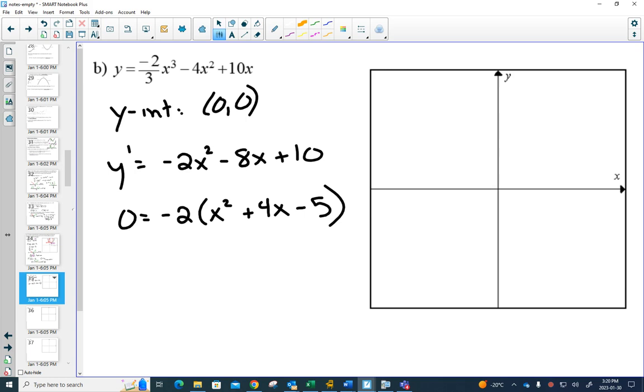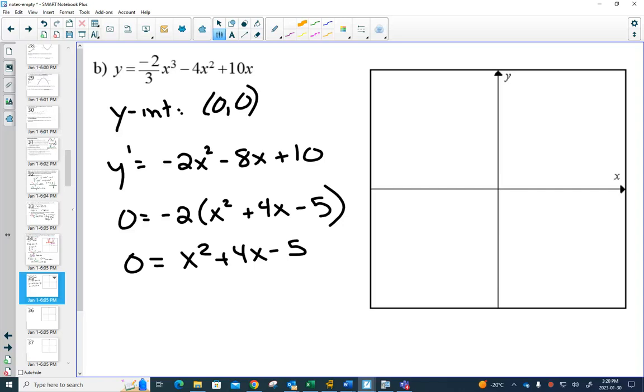Can you see that you could have also divided both sides by -2? So either way, you either have the -2 out in front, it would be perfectly fine if you just had this. That would be the same thing. The second one is me dividing everything by -2. Since it's an equation, I can do that. The first one is me factoring.